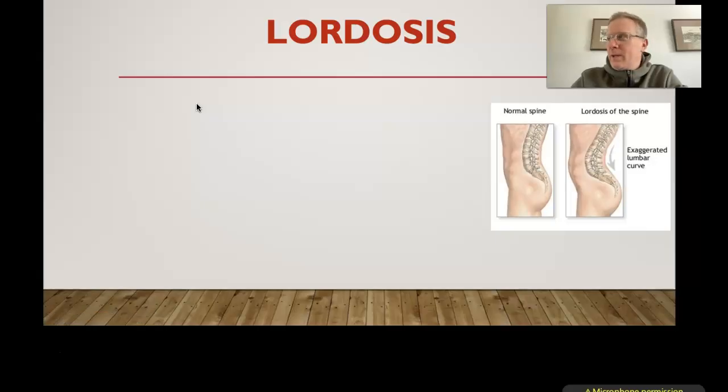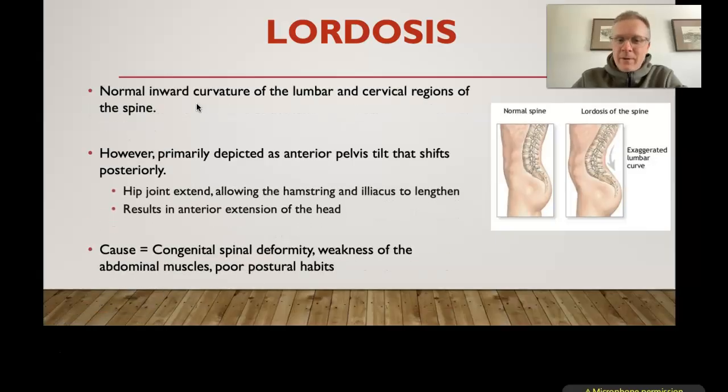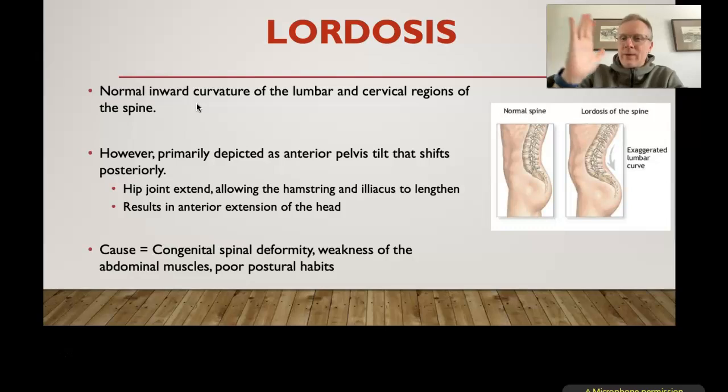Also lordosis, and what I'm saying here is hyperlordosis. So seeing that exaggeration of the lordotic curve, and seeing a hyperextension at the pelvis. This could be congenital. We could definitely see spinal deformities.